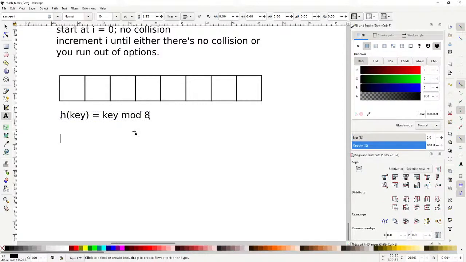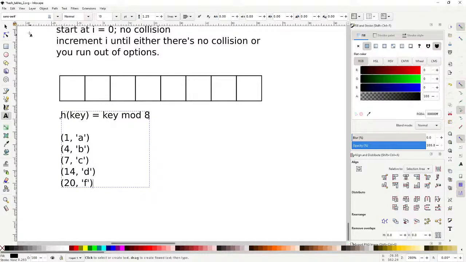In this case, let's insert 1a, 4b, 7c, 14d, and maybe, I don't know, 20f.